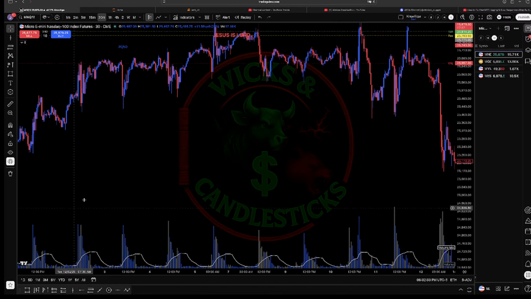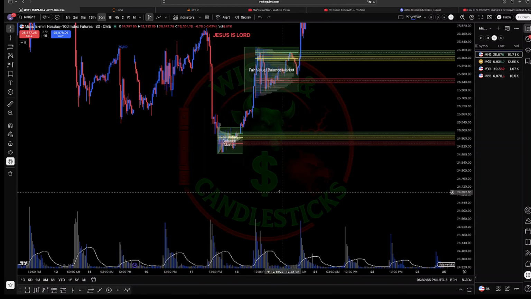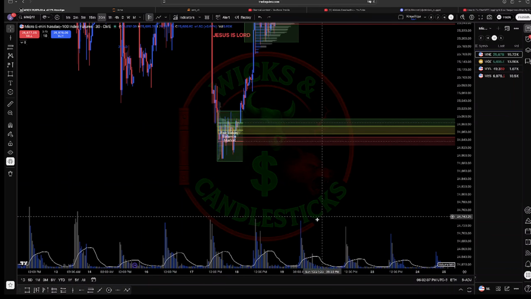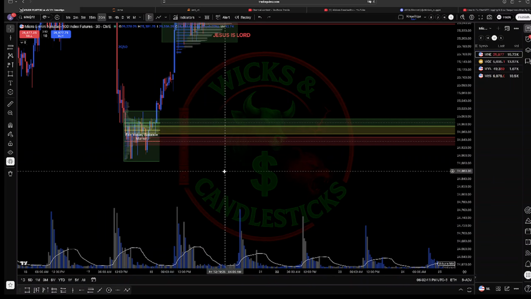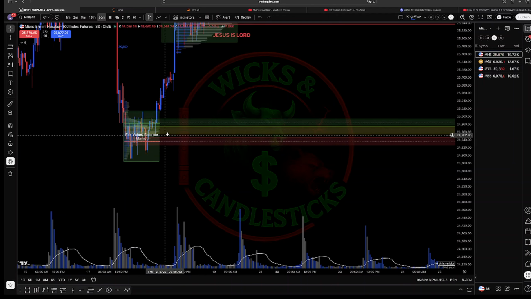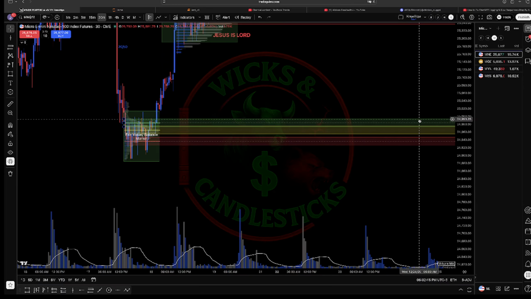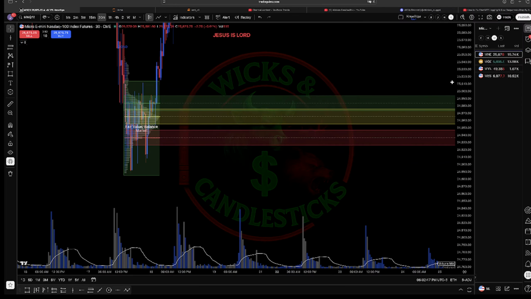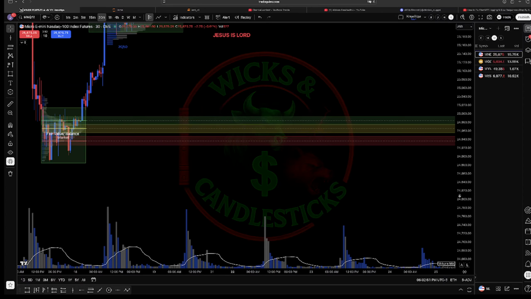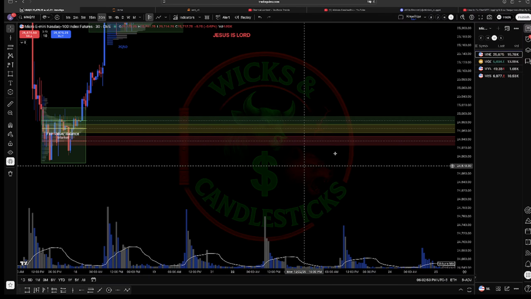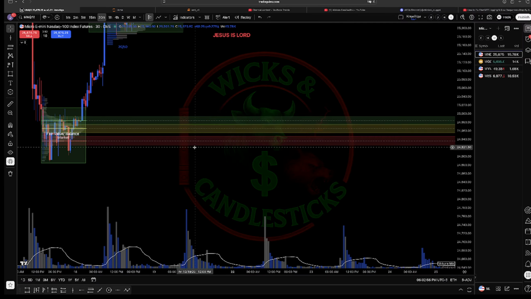So let's find another example right here. We got a fair market here. Got the value area low, POC, and here. Yes, everything is kind of close. I still do the same thing. Let's say I was waiting on this price to come down here.